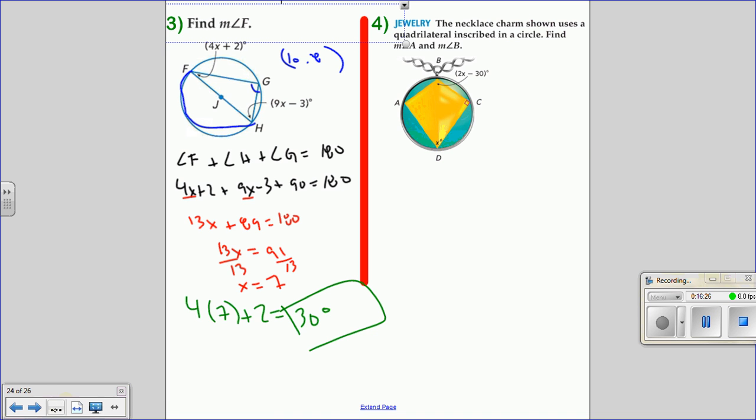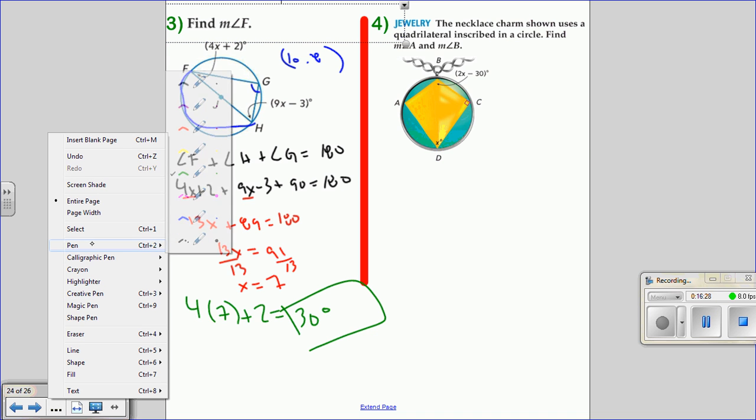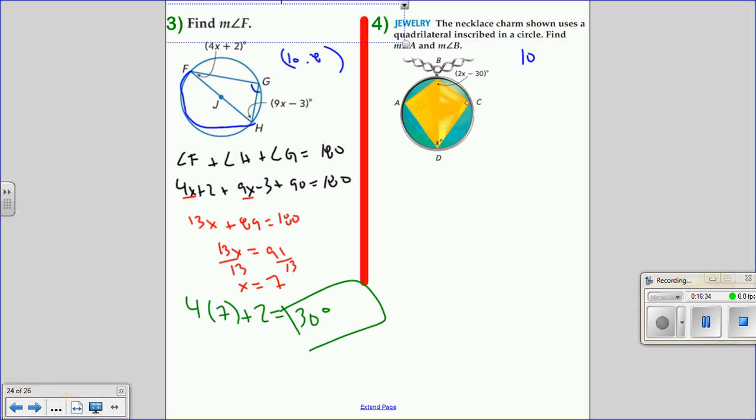And last but not least, number 4 has to deal with problems related to theorem 10.9, which stated that if a quadrilateral is inscribed in a circle, the opposite angles are going to be supplementary. So that means A together with C are going to be supplementary.